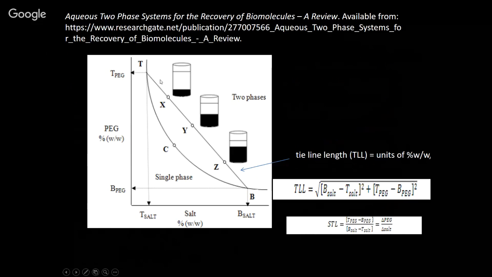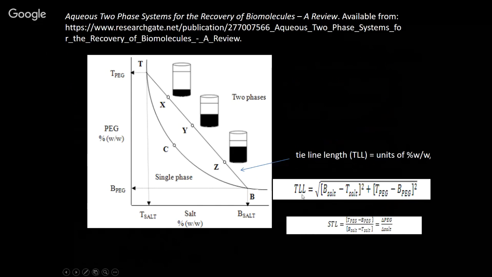So where the tie line intersects with this equilibrium graph, we can read out the concentration of PEG in the top, salt in the top, PEG in the bottom, and salt in the bottom. So how do you draw this tie line?